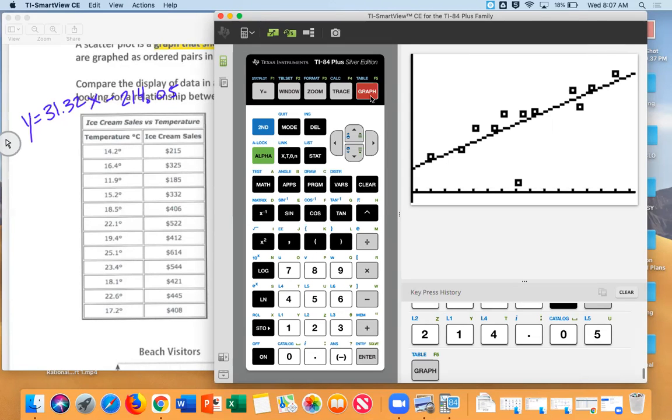Remember how yesterday I asked you to make a prediction about the age somebody would get married in 2020? Do you guys remember that yesterday a little bit? Now, if Miss Kender asks how much ice cream I'll sell when it's 26 degrees Celsius outside, which I think equates to, what is that?